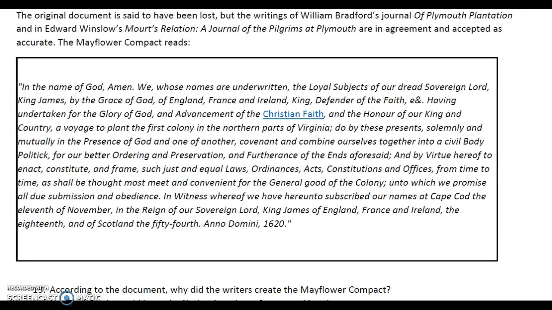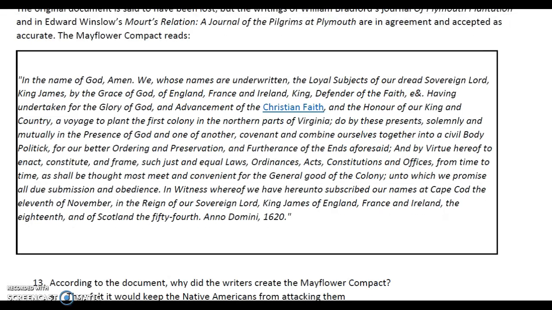politic, for our better ordering and preservation in furtherance of the ends aforesaid, and by virtue hereof to enact, constitute, and frame such just and equal laws, ordinances, acts, constitution, and offices from time to time, as shall be thought most meet and convenient for the general good of a colony, unto which we promise all due submission and obedience.